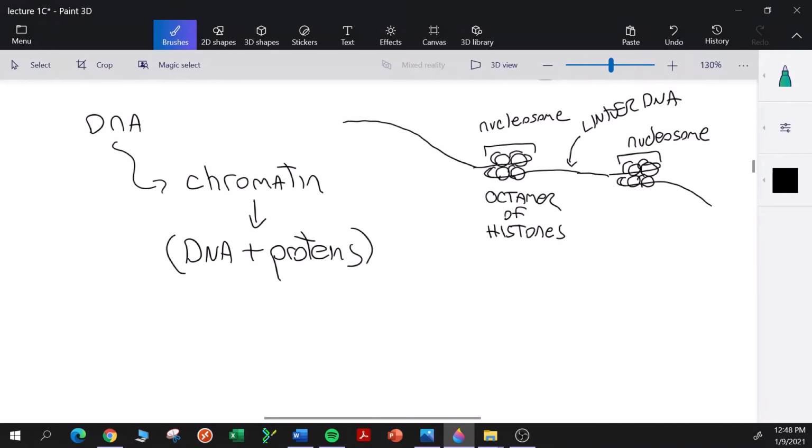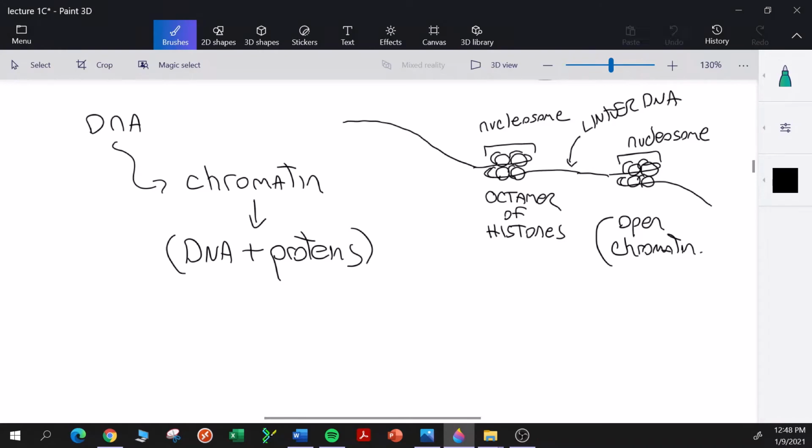Now, you can see this linker DNA is relatively long, right? And when chromatin looks like this, we can say this is open chromatin. So in open chromatin, the length of the linker DNA between the nucleosomes is relatively long.